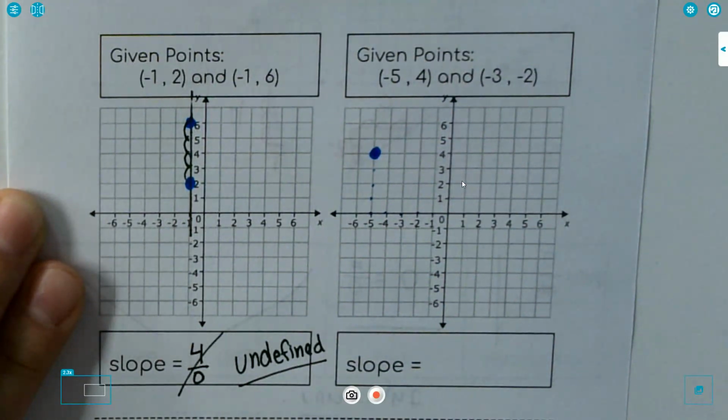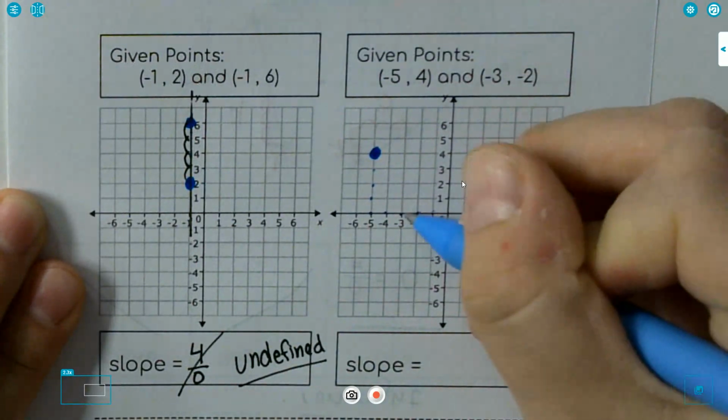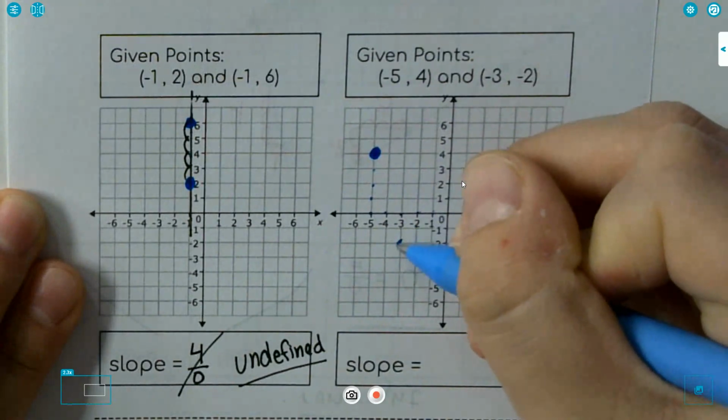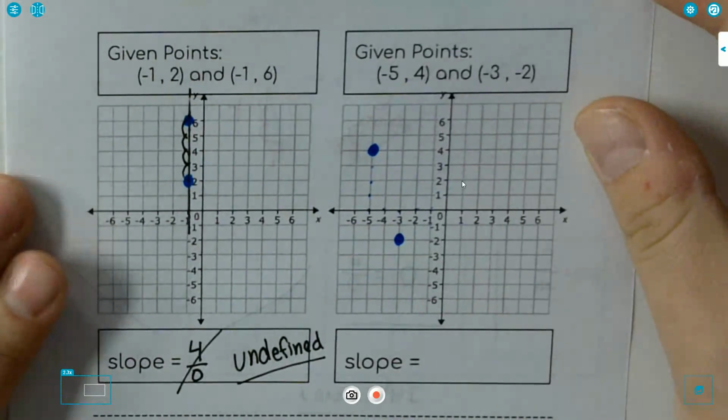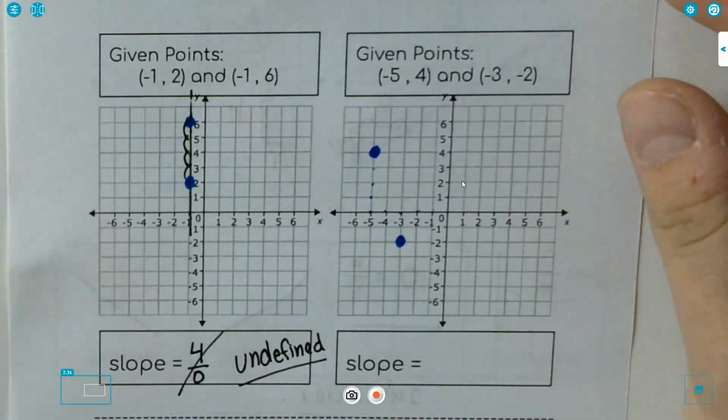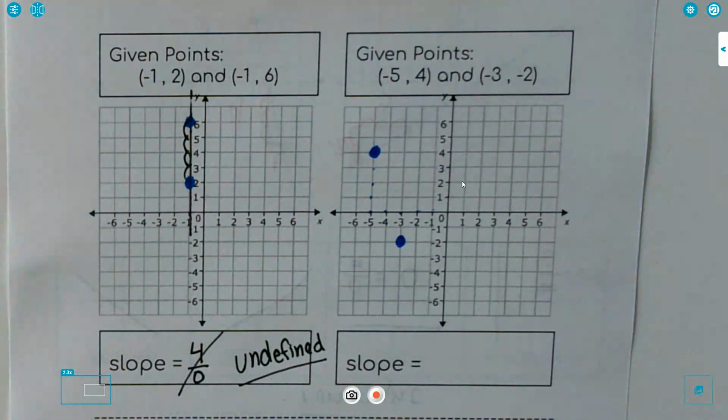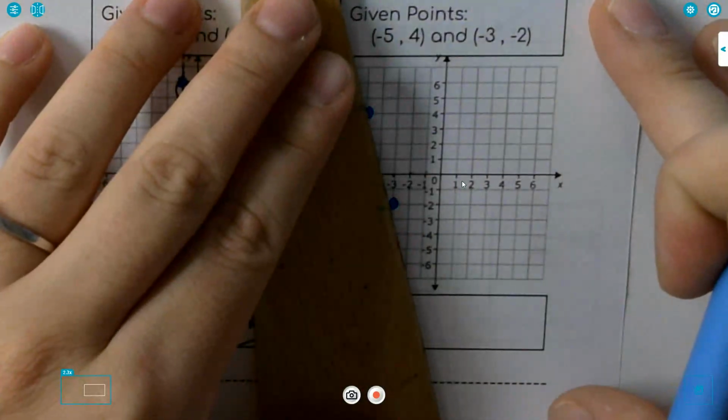And then -3, -2. I'm going to go left 3, 1, 2, 3. I'm going to go down 2, -3, -2. Okay, so get those points graphed. Go ahead and connect these dots together.